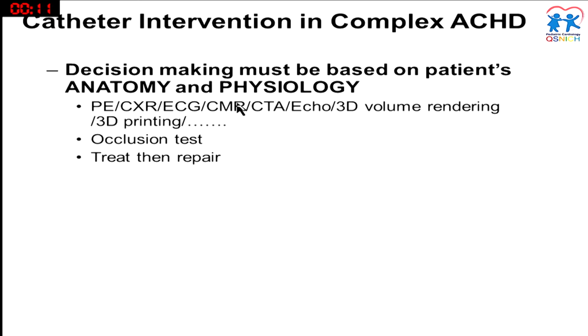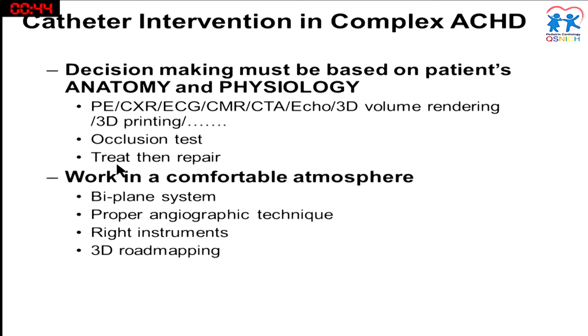You need to use not just very fancy investigations, but proper examination, chest X-ray, ECG. These are also helpful. You need to use all modalities in order to make the specific decision for each particular patient. Test occlusion can be very helpful when you deal with a shunting lesion. And in my experience, I usually go for treat then repair rather than repair then treat.